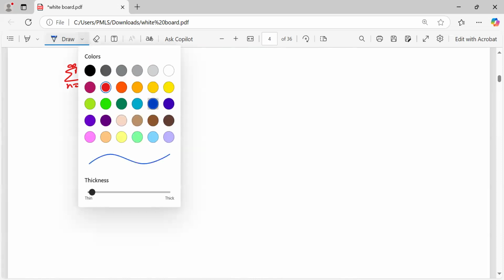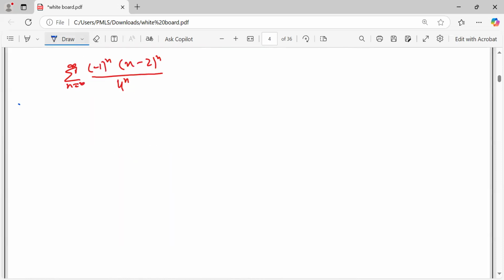If we need to find the interval of convergence and radius of convergence for this problem, how will we do that? First of all, we can easily see that the center of this series is 2.